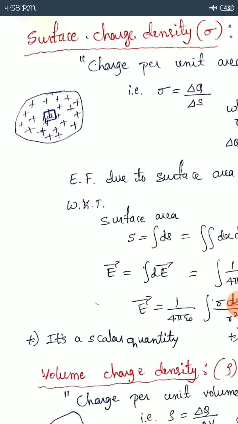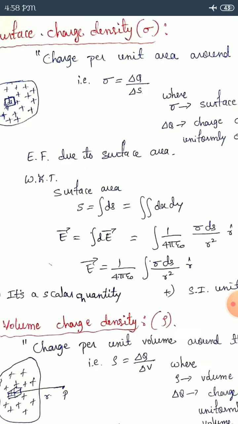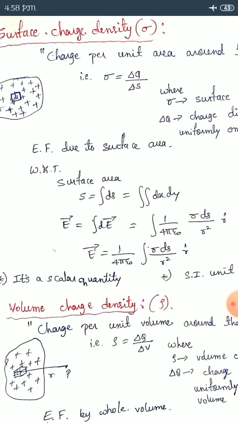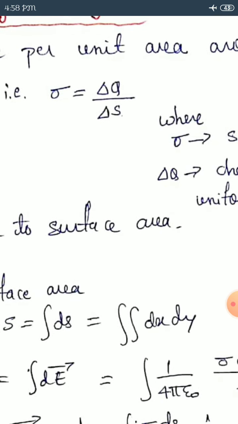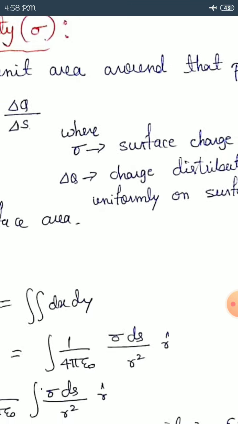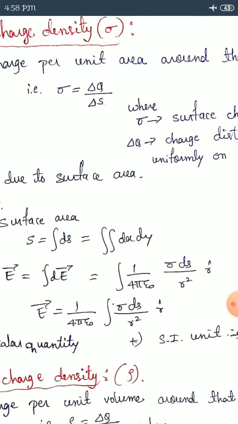So surface charge density sigma is equal to delta q divided by delta s, where sigma is the surface charge density and delta q is the charge distributed uniformly on the surface area delta s.